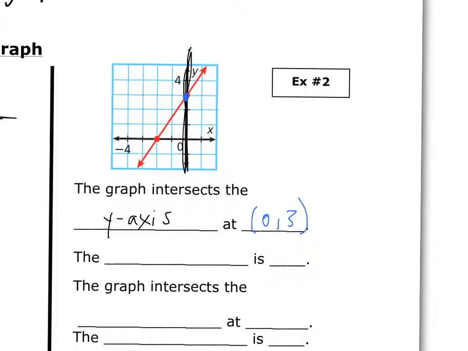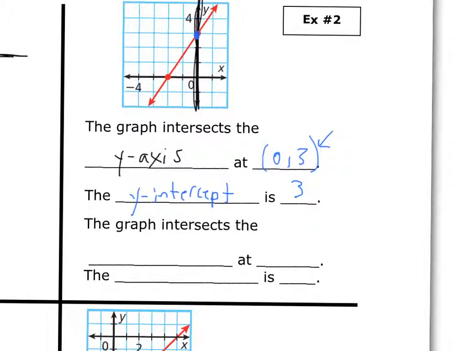The y-intercept is the location where the line crosses, and it's the y coordinate, or the y number, of that coordinate. So it's going to be 3. Your y-intercept of that line is 3.